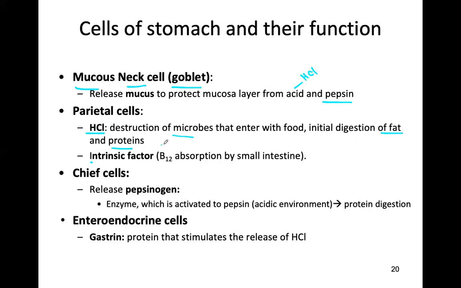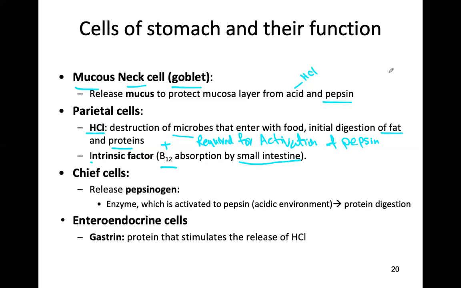And one last one that I do want to add, it is also required for activation of pepsin, and I'll talk about that in just a minute. Again, pepsin is the digestive enzyme for proteins. Intrinsic factor is important, not in terms of the stomach, but it goes into the small intestine and helps with the absorption of vitamin B12.